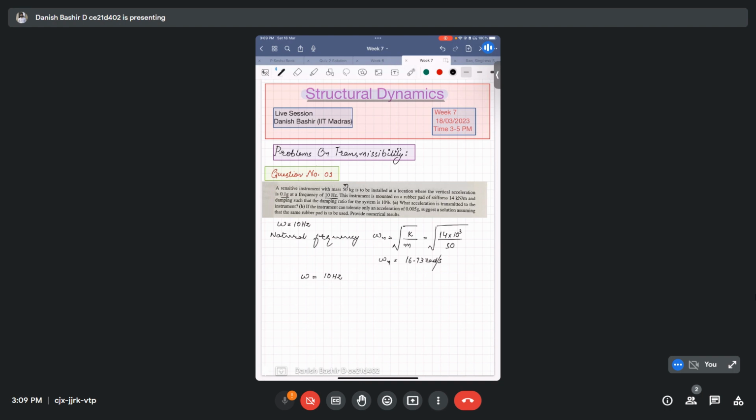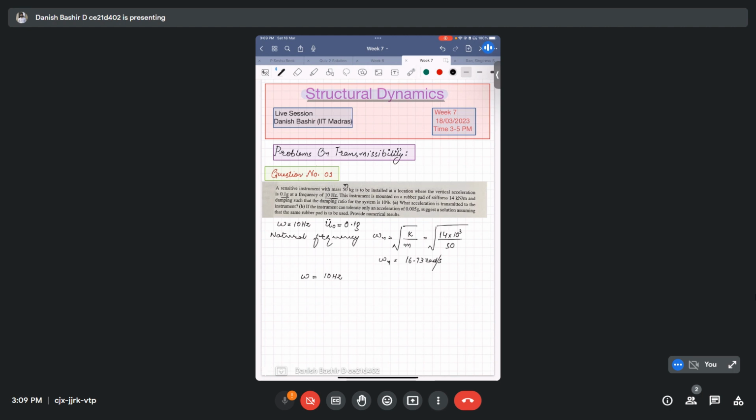10 hertz. And the vertical acceleration, or we can say u double dot naught, that is the maximum acceleration, is 0.1 g, and everything else is given in the question. One more thing given there is the damping ratio.